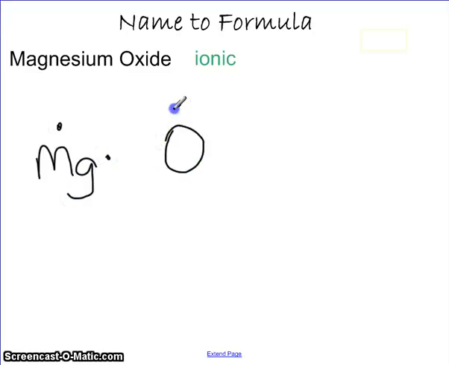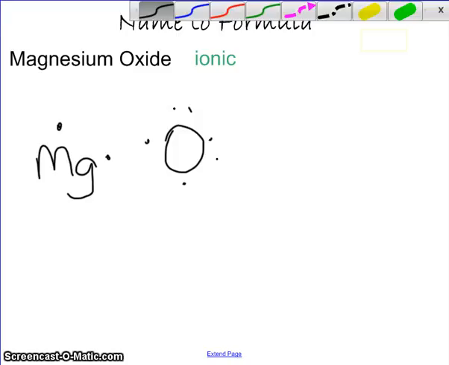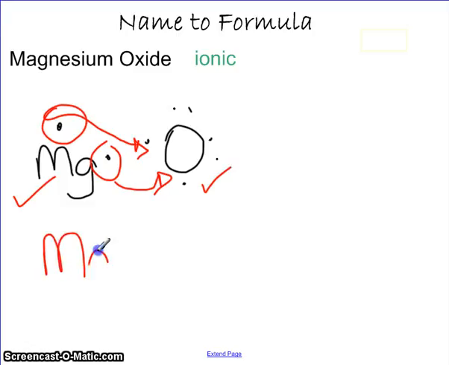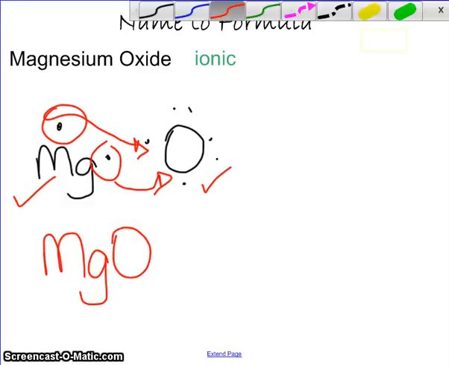Oxygen in group 6 still has 6 valence electrons. Magnesium will lose both of its electrons to oxygen, since oxygen needs to gain 2 electrons. Magnesium stable, oxygen stable, the formula is MgO. 1 magnesium, 1 oxygen.